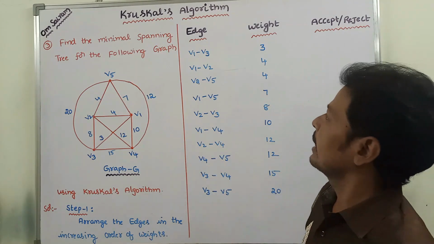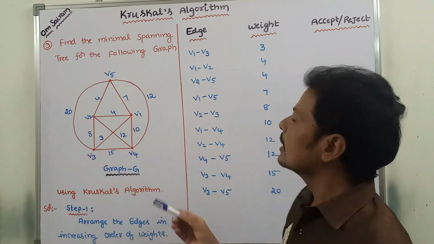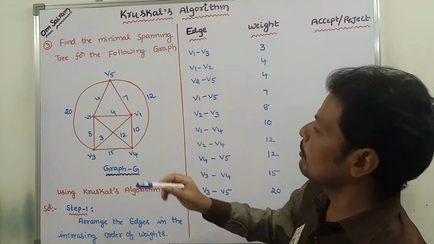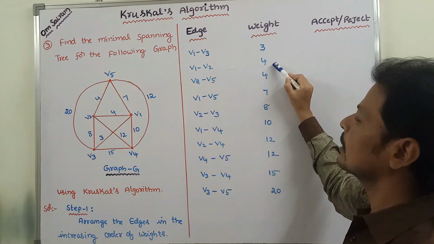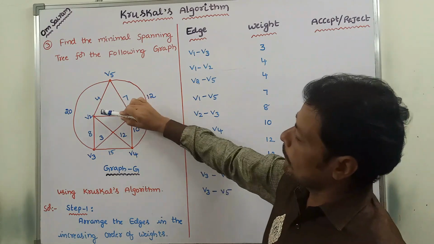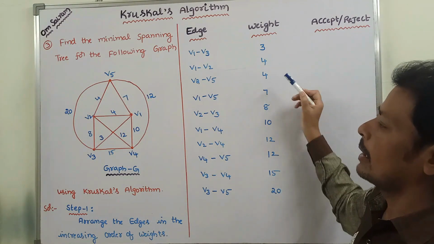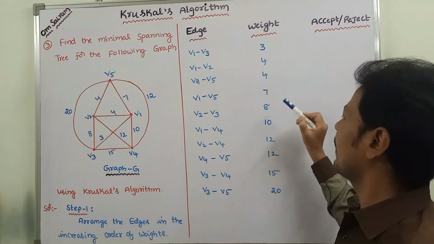First, V1 to V3, its weight is 3. Second, V1 to V2, its weight is 4. Third, V2 to V5, its weight is 4, and fourth, V1 to V5, its weight is 7.